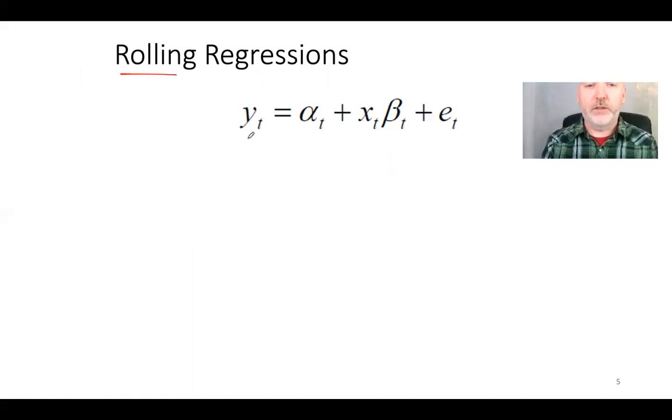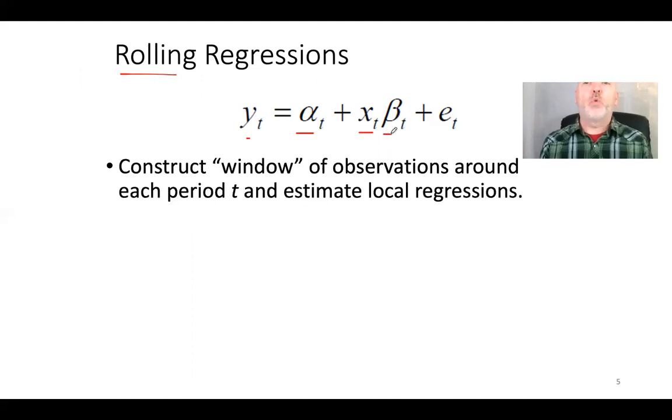So the model here, again, is the same. Y_t as a function of x_t, with alpha and beta changing over time. Well, rather than using just a single observation to get a beta at time t, we think of that as the middle of a window of observations.